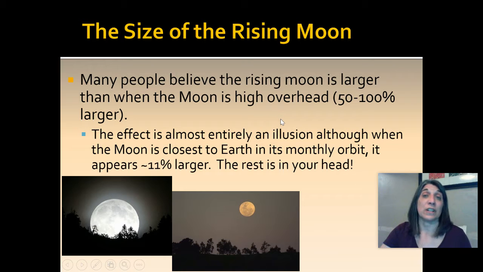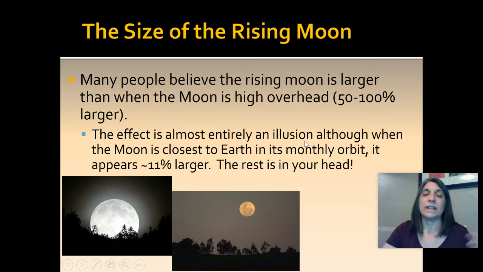But this is actually just an illusion. The effect is almost entirely an illusion, although scientists have some theories as to what causes it, and we're going to learn about those. But even after hundreds of years, they can't really all agree on it.